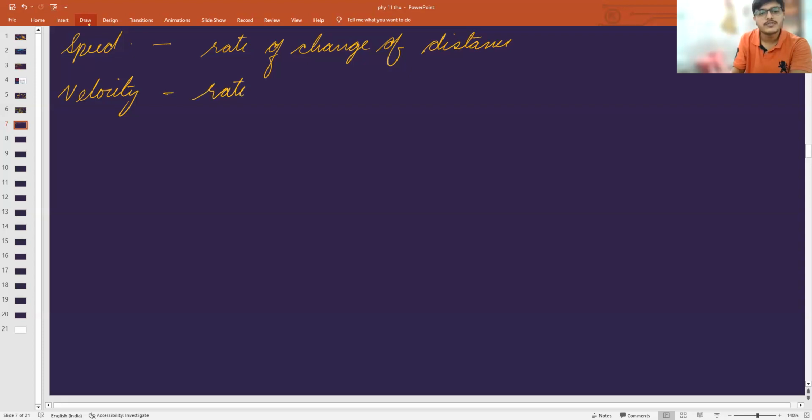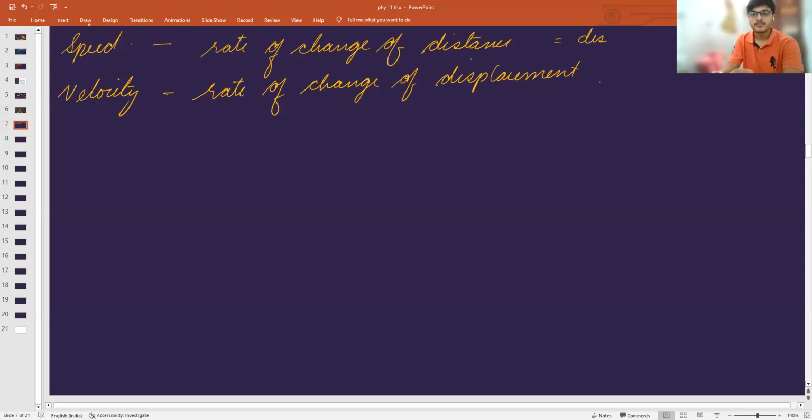And velocity is the rate of change of displacement. I'll explain it. So speed is distance upon time, in simple words, and velocity is displacement upon time.